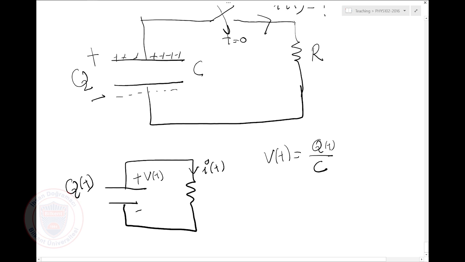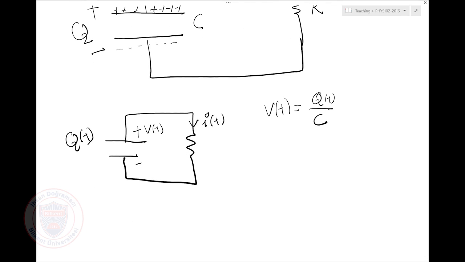Voltage is the charge divided by capacitance. But I can also write another formula for this V of t. This V of t is the same potential seen by the resistor. So what's the current? It must be V of t divided by R. Here's a resistor. I have a resistor here. Right?